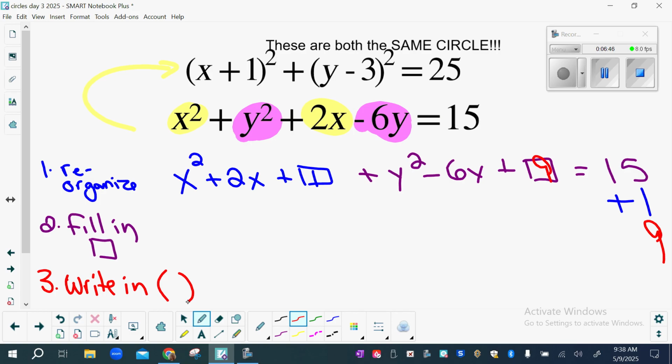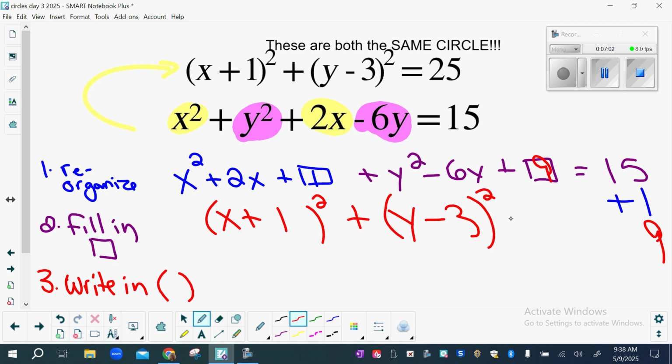Okay, so here we go. Are we ready? We're going to drop it in. X plus half of 2 is 1, squared. Y minus half of 6 is 3, equals, look at that, 25.